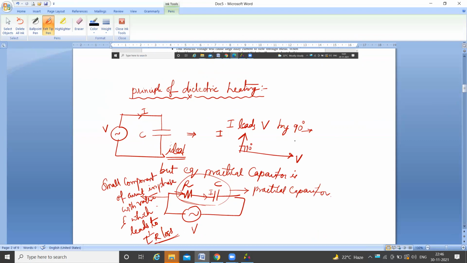This loss in the capacitor is considered as dielectric loss, and electronic oscillators are used for dielectric losses.